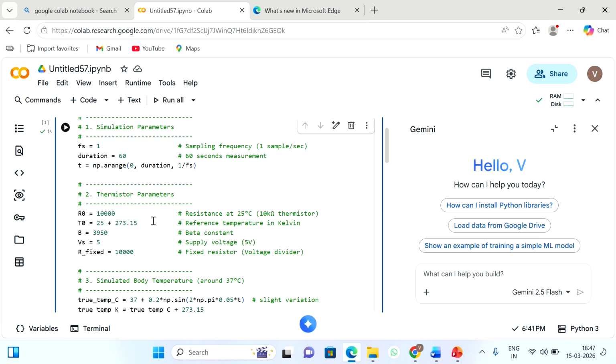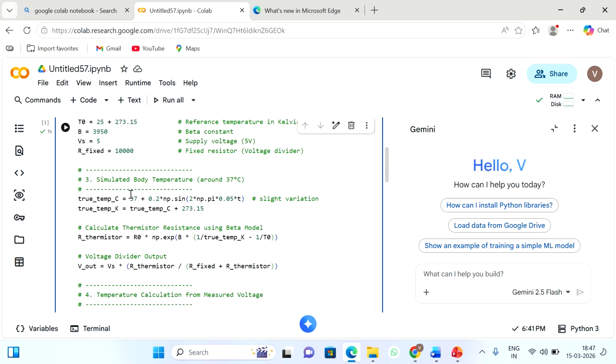So simulating body temperature. The true temperature in Celsius is equal to 37 plus 0.2 np.sin(2 pi 0.05 t), where 0.05 is the frequency, times time.